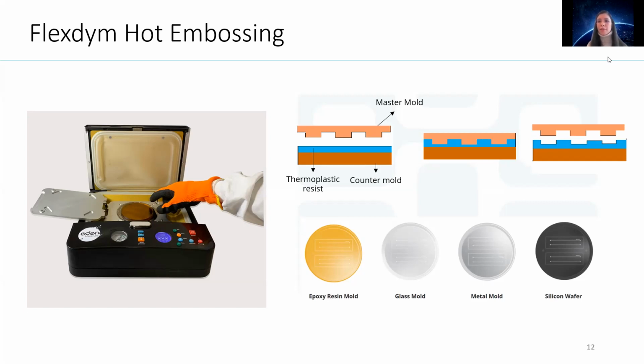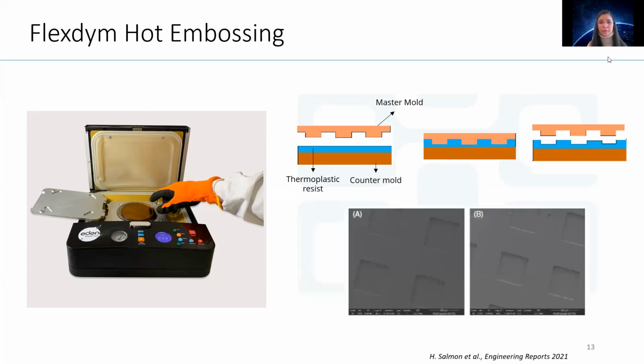So you're going to be able to use them for many cycles without damaging any of the features that are in the mold. And then alternatively, there is etched glass, there are metal molds like aluminum. So these are some of the current options to be able to replicate your microfluidic devices using hot embossing.